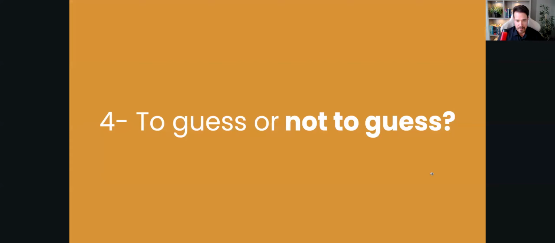Number 4. I mentioned today that students are not very good at guessing. And this is something that course books often focus on, right? So if you're not familiar with the words, look at the text, try to infer the meaning from context. But I believe I have this interesting article here to share with you.